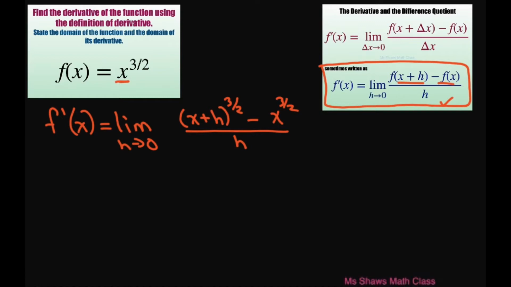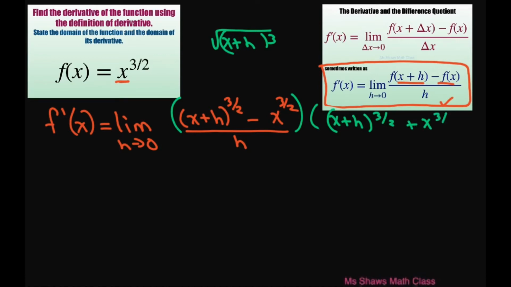Now what I'm going to do is multiply this by the conjugate. Basically what that means is, because this is a square root, these are basically the square root of x plus h cubed. So all I have to do is multiply this by x plus h to the power of 3/2, and then put plus instead of the minus, x to the power of 3/2.